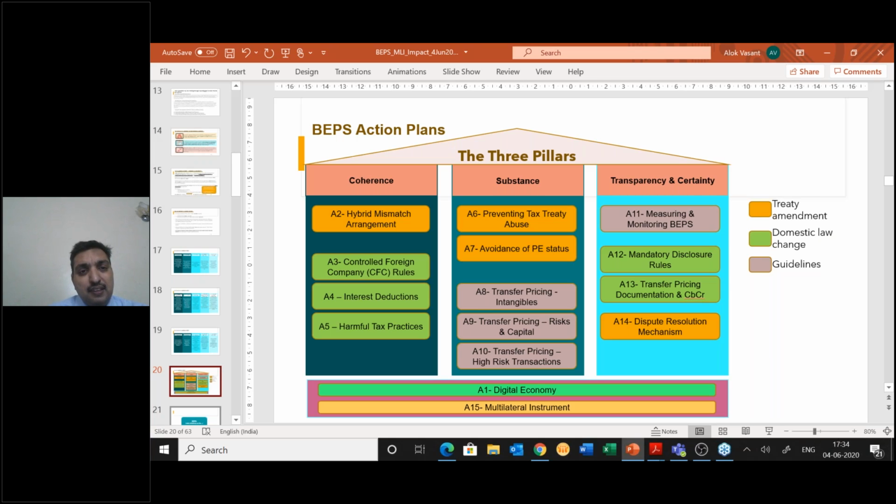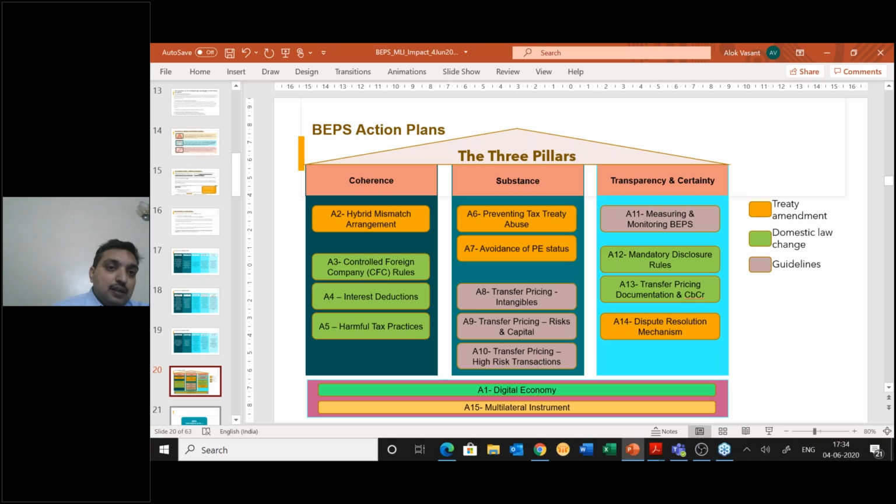So you could see that these action plans could be divided into three pillars: coherence, substance, transparency, and certainty. If you look at the yellow action plans, these are the action plans where a treaty amendment is required.